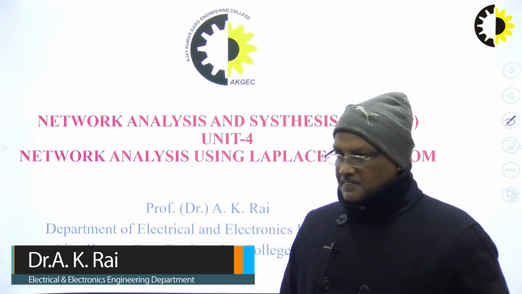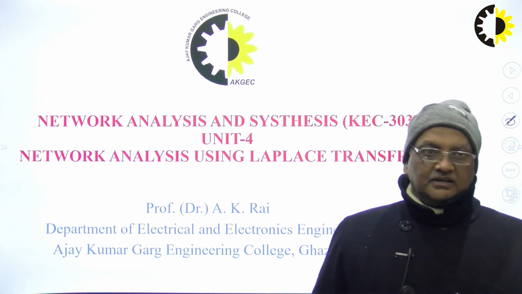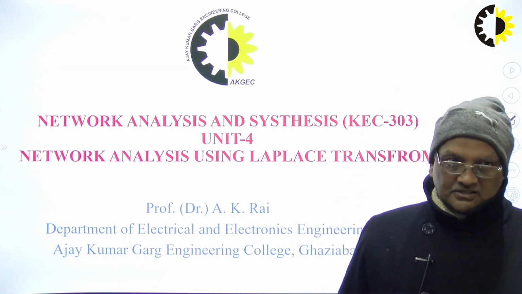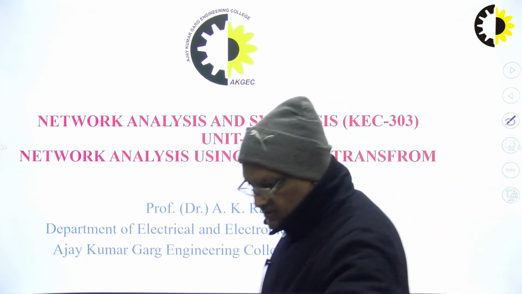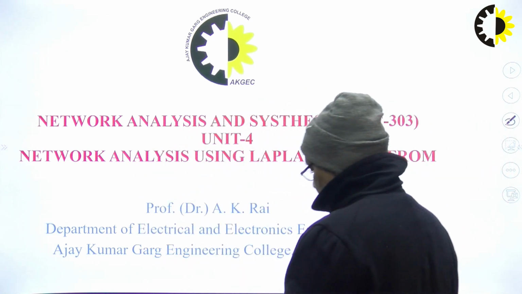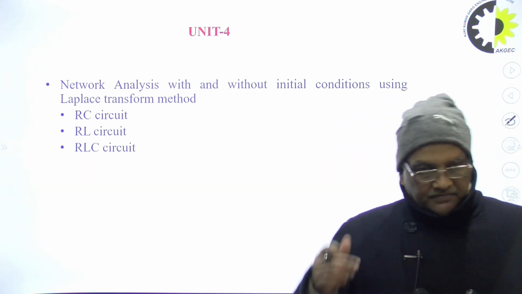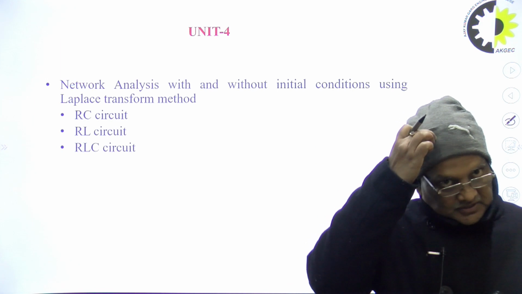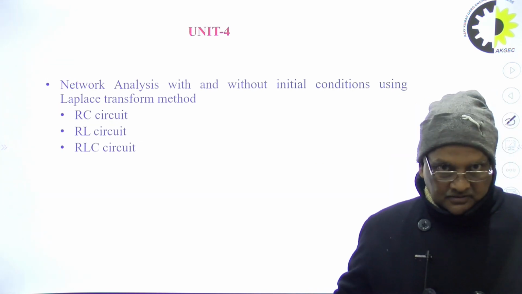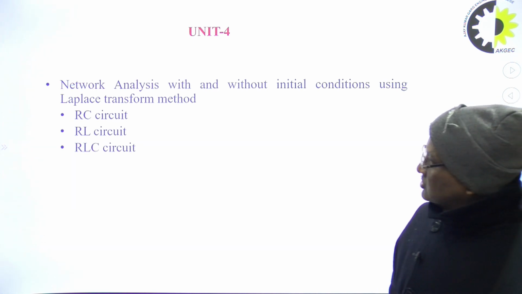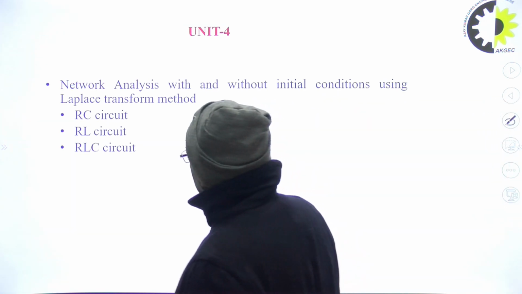This lecture is a continuation of the last lecture, where we discussed the initial conditions and final conditions of first order and second order circuits. Today we are going to discuss network analysis with initial conditions using the Laplace transform. The circuit may be an RC circuit or an RL circuit.